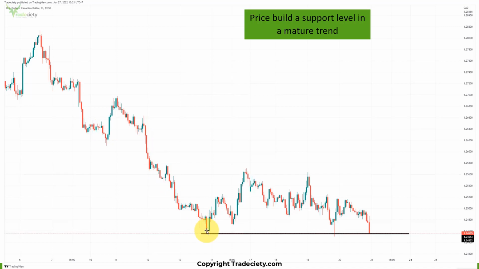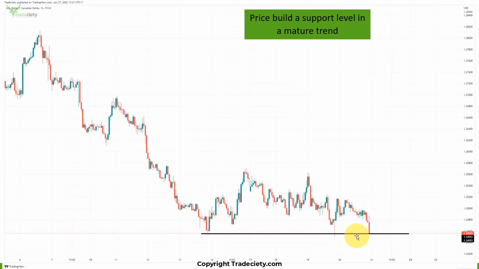So fewer and fewer sellers are here, but also at the same time, as something gets cheaper, what happens in real life, in the real world? When something gets cheaper, more and more people are interested in suddenly becoming a buyer. Maybe at this point it was just too expensive. But now at this point, when the market is low, now it's very cheap and now more people are interested in buying. So at this point, we have fewer sellers because they are exiting their trades, and we have more buyers because it's low.